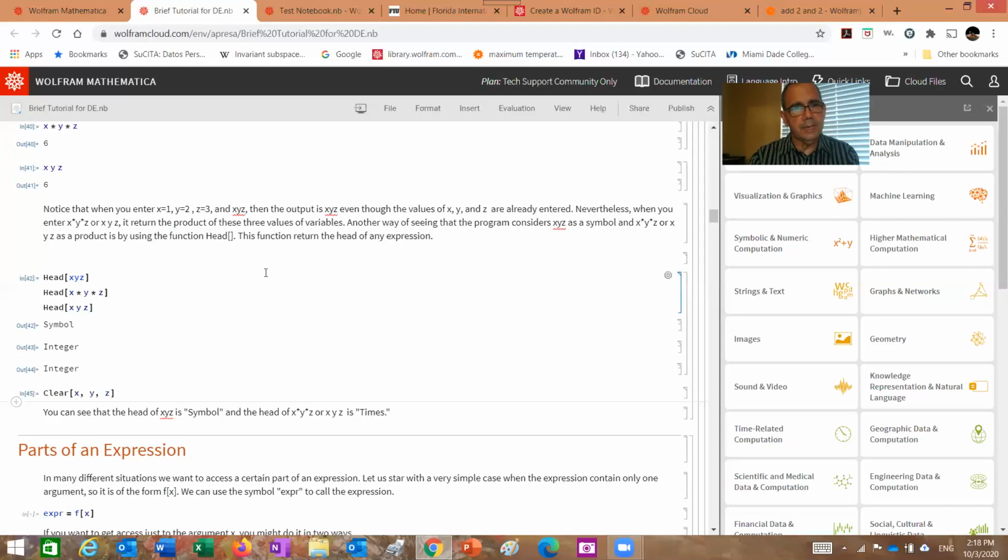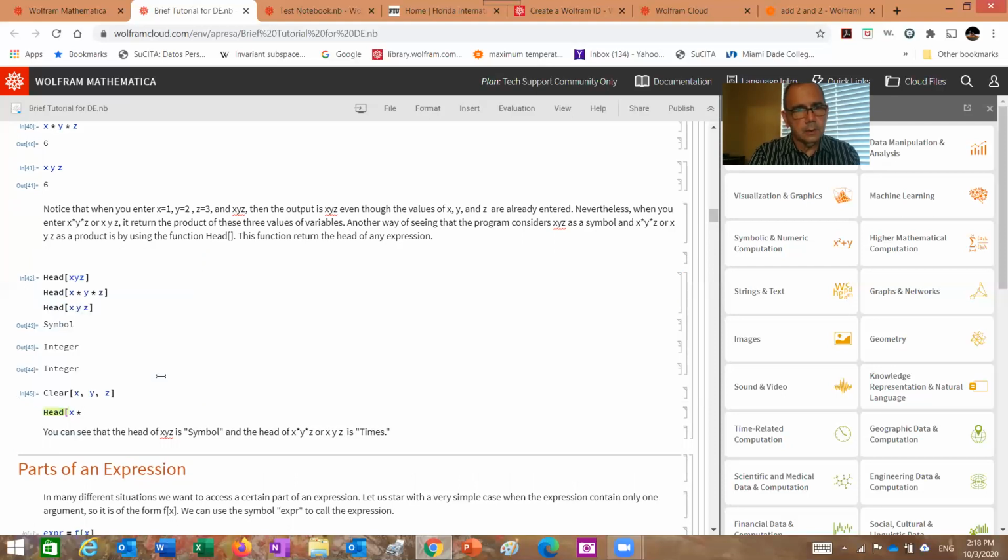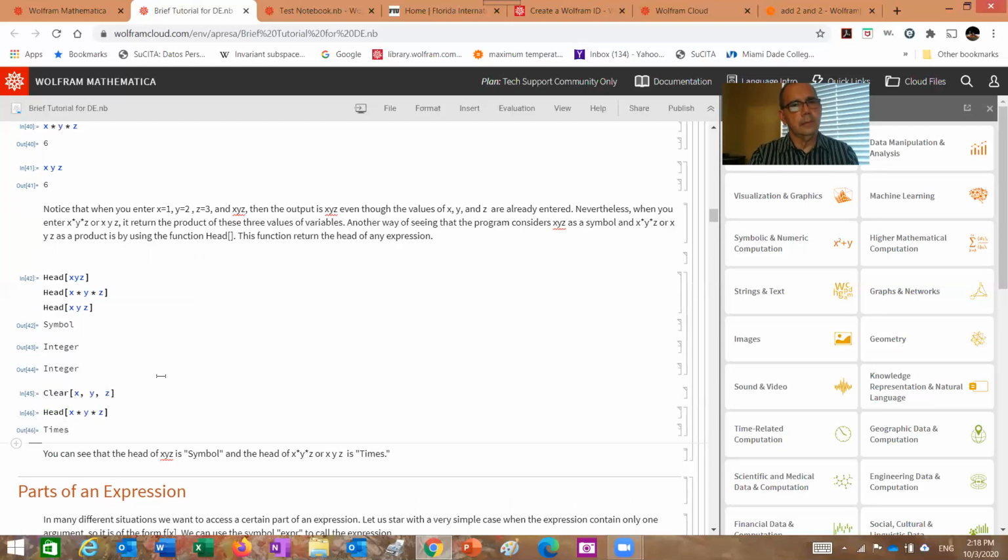I press Shift Enter, and I obtain, well, this has been cleared already. You can check it if you want. But if you enter again Head of x times y times z, you see that now it returns Times, because now it's not finding the result first as we did before when we replaced x, y, and z by 1, 2, and 3.